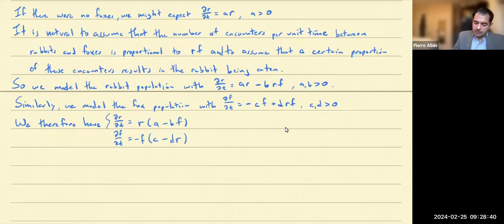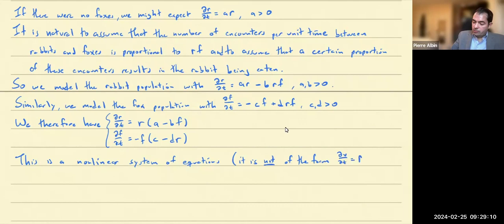Right, so this is our system of equations modeling the rabbit and fox populations, and this is a nonlinear system of equations, right? It is not of the form dv/dt equals A times v plus f.